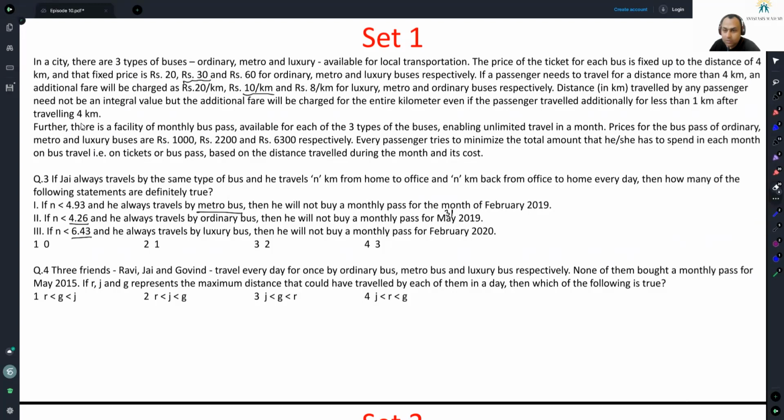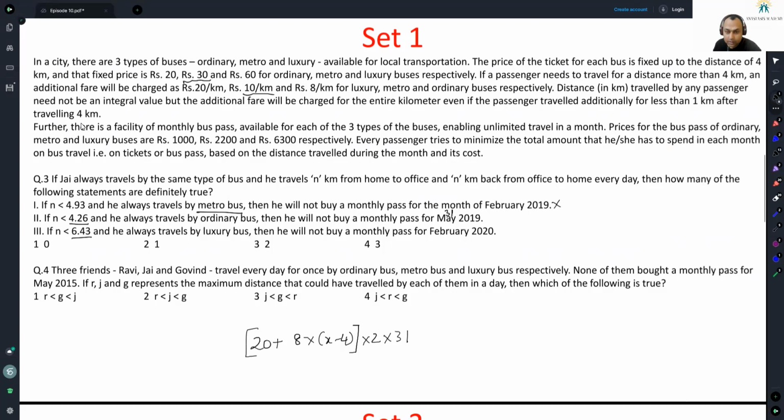I need more space. For an ordinary bus, the charges are going to be 20 plus 8 into x minus 4 for the entire month of May. So 2 into 31. He will not buy a monthly bus pass.